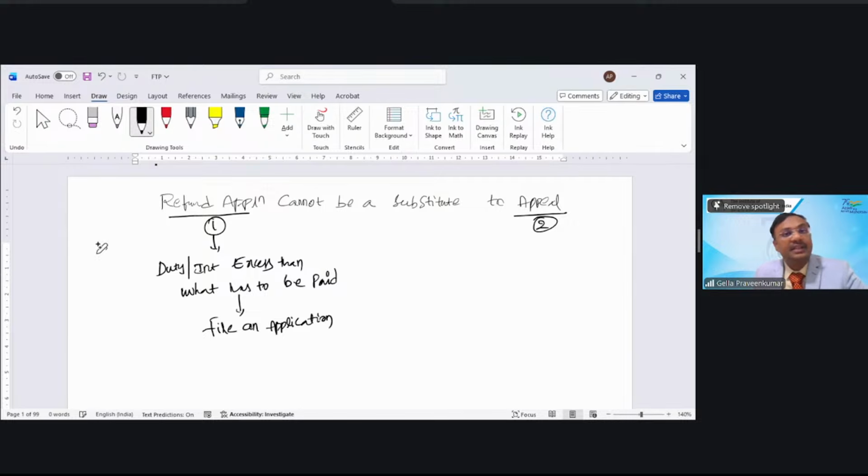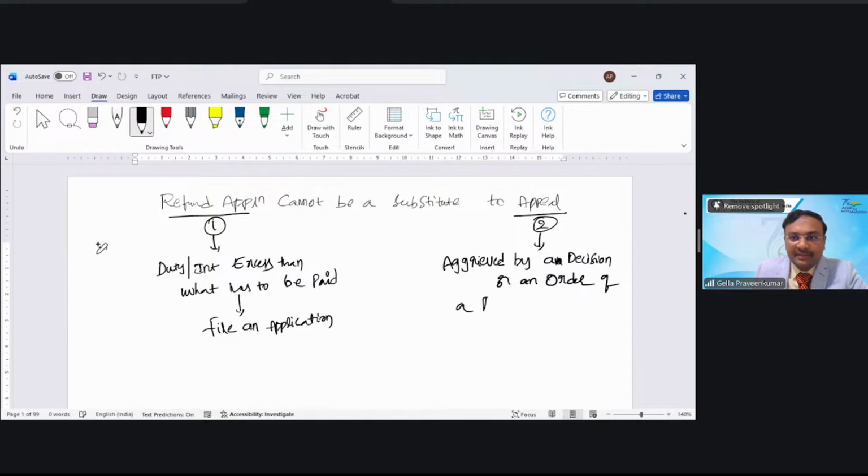This is our general understanding of a refund application. On the other hand, appeal: when a person is aggrieved by a decision or an order of a proper officer.